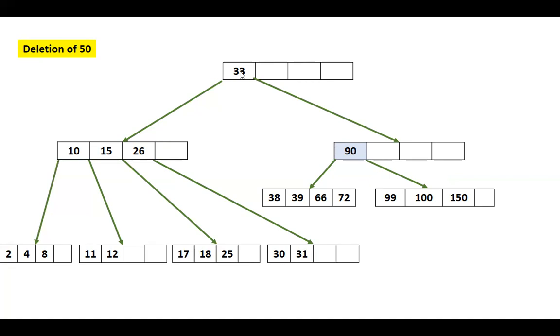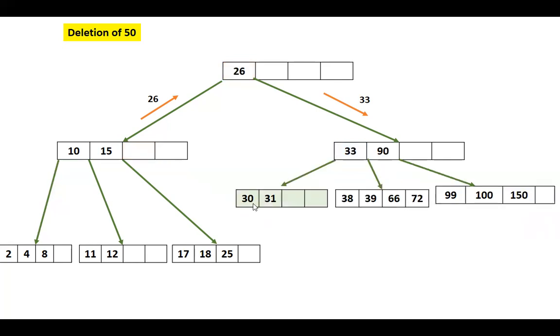Now when 26 is moving up, its right subtree will become 33's left subtree. We'll see in the next slide. Right now it is the right child of 26. So 26 will move up and 33 will move down. And you can see that the node with 30 and 31 becomes the left child of 33, which was previously the right child of 26. Is it fine?